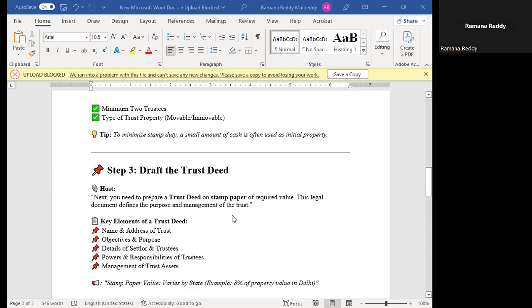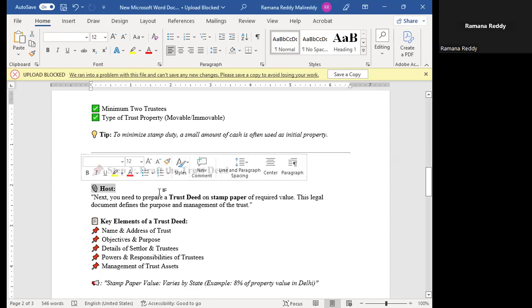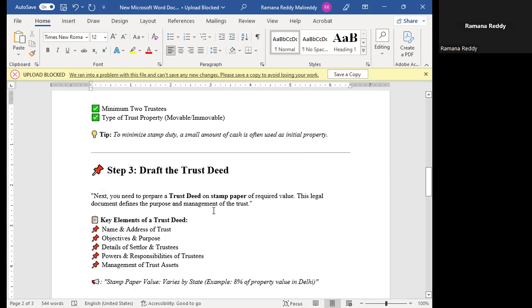Next step, step 3 is draft the trust deed. Next, you need to prepare a trust deed and stamp paper of required value. It depends on state to state. This legal document defines the purpose and management of the trust.